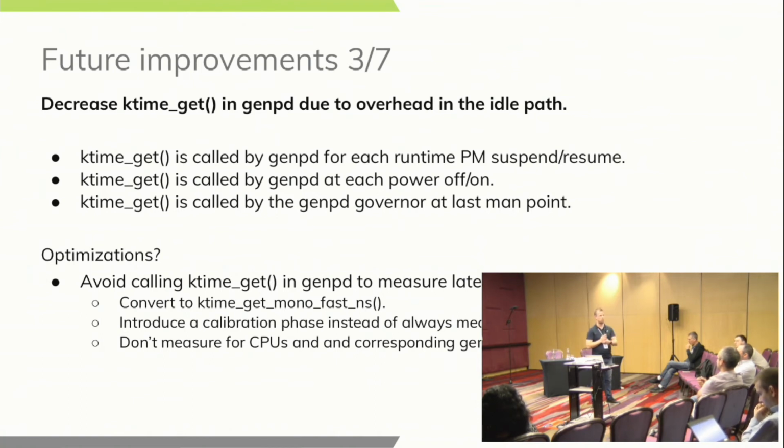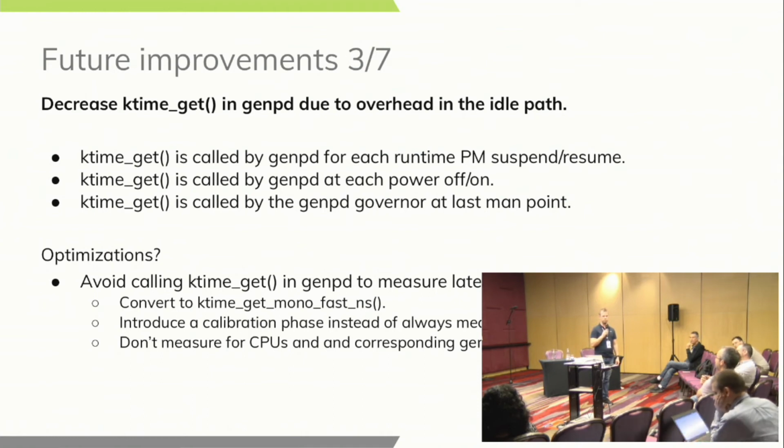It's not exactly for the same purpose, but timestamps are taken to understand how long a device has been active and non-active, and then we converted to use k-time get mono fast, which is a lot faster than k-time get. So we can also start looking into making that kind of change to NPD.